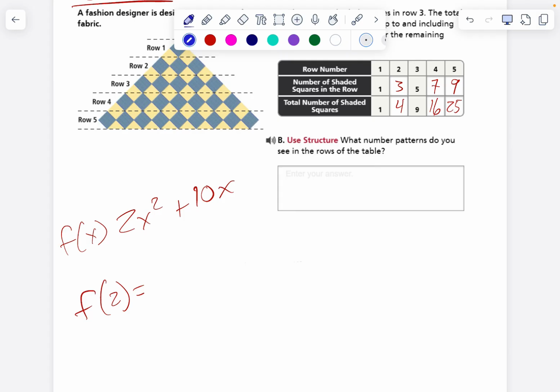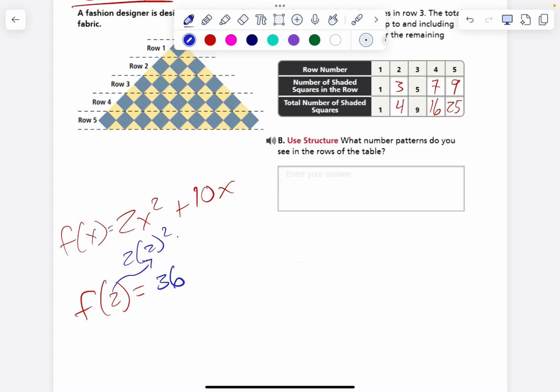36. 36, yeah. Okay, and remember that f of 2 means plug 2 for each x in the function. That means it looks like this. 2 times 2, so we plugged it in there. 2 squared, and then 10 times 2, we plugged it also in there.